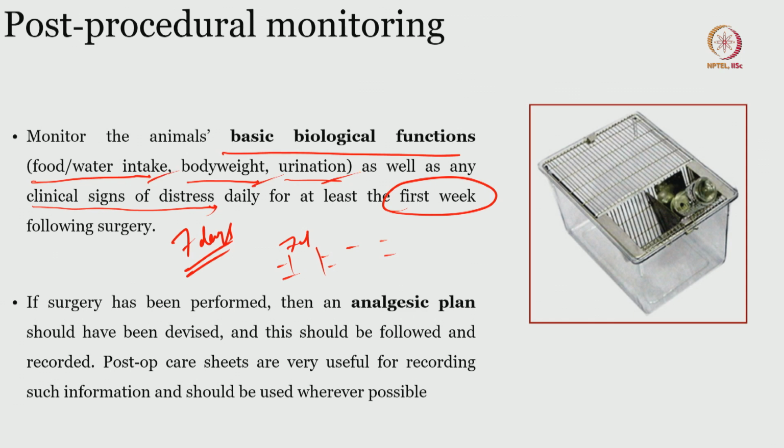And if surgery has been performed, there has to be an analgesic plan to make sure that the rat is not in distress, which not only affects full recovery, but also makes the rat more irritable. And even if you are planning to do any sort of experimental behavior, it is not going to be cooperative.